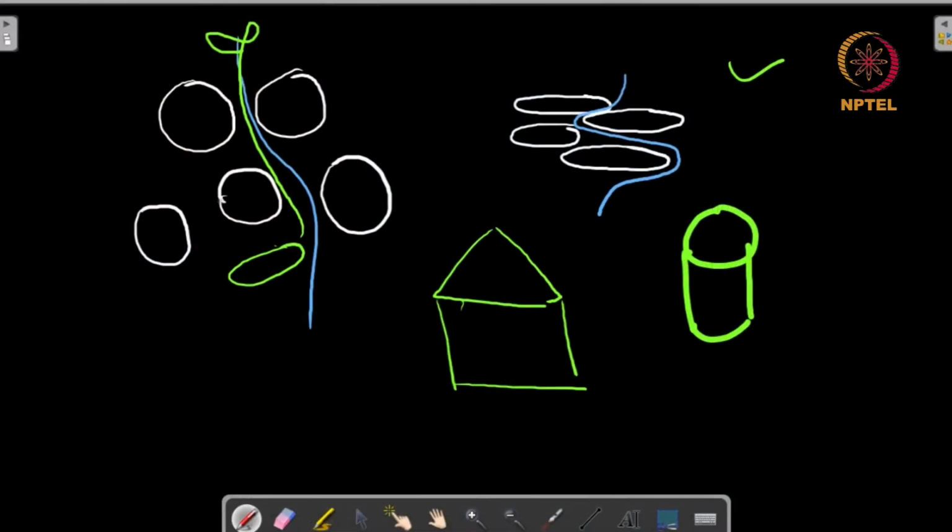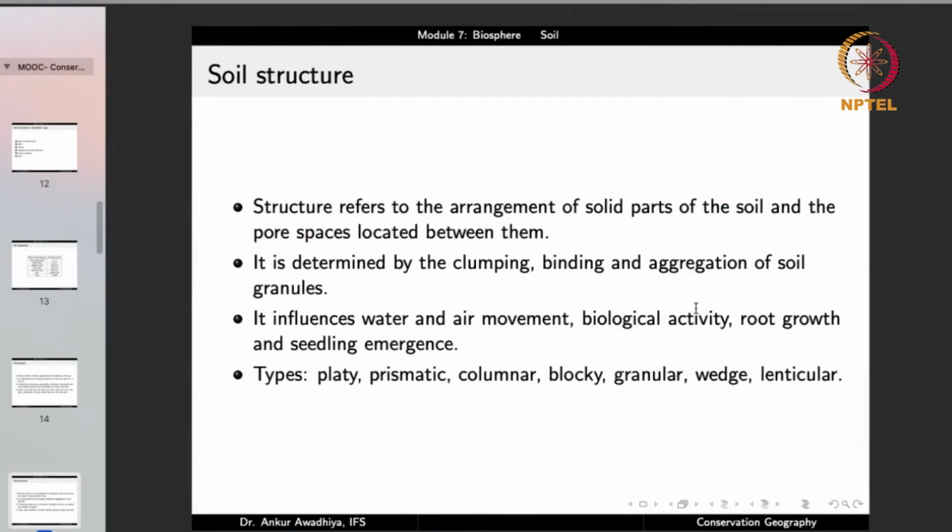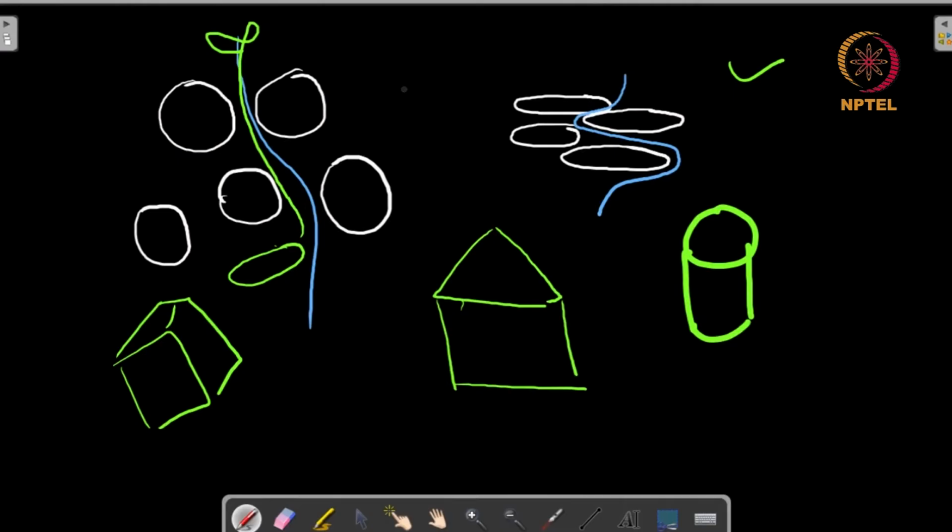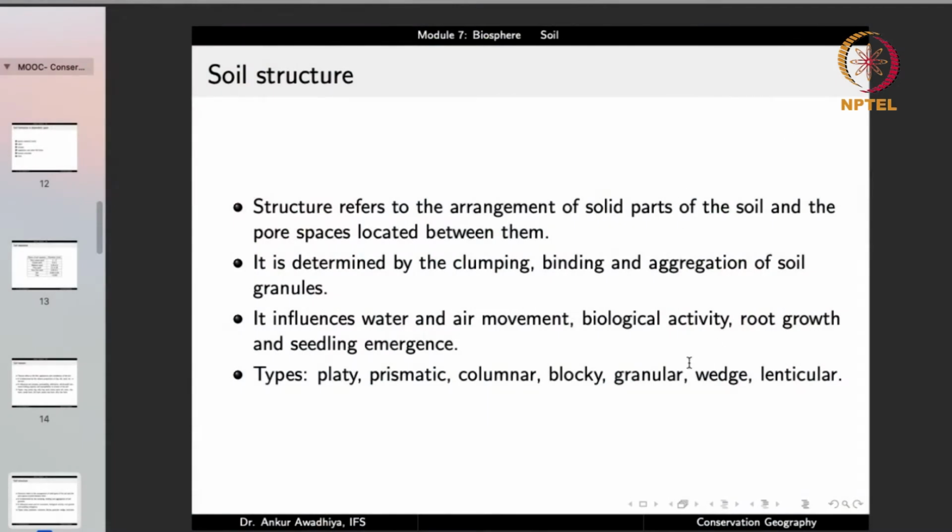So this is an example of a granular aggregate. A blocky aggregate would mean creation of block-like structures. Wedge-shaped structures. Lenticular, which means lens-shaped aggregates. So lens-shaped aggregates would be something like this. Or they could be something like this. So all of these different structures can be found in the soil and they determine or influence the properties of the soil.